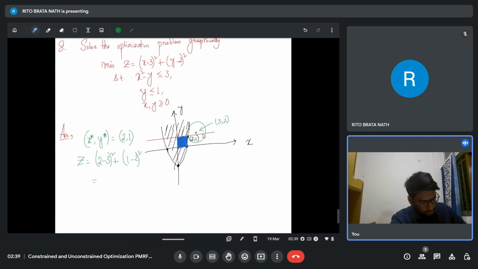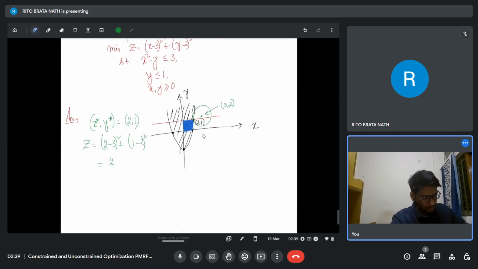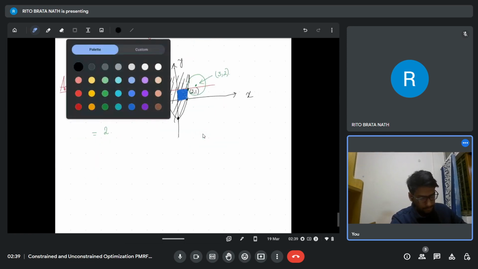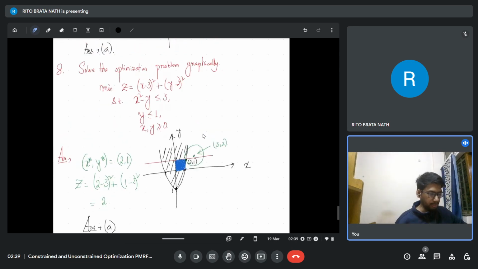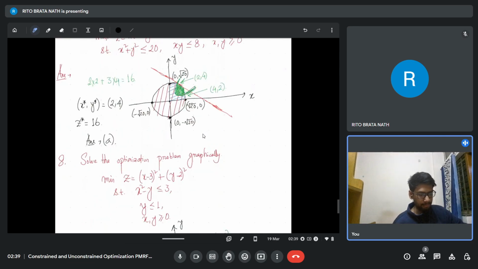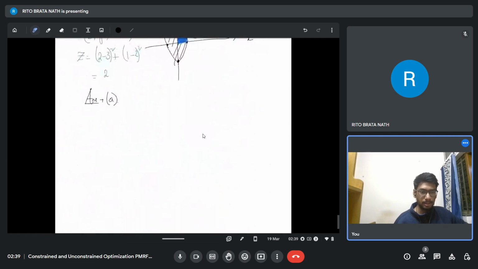So that's 1 plus 1, which is 2. So option A is the correct answer here. Yeah, so the answer is option A. So that's all about this problem. It was again a very interesting one, solving it by the graphical method.